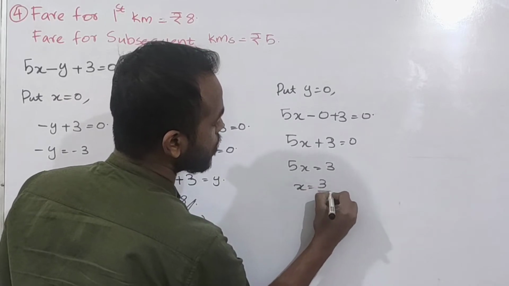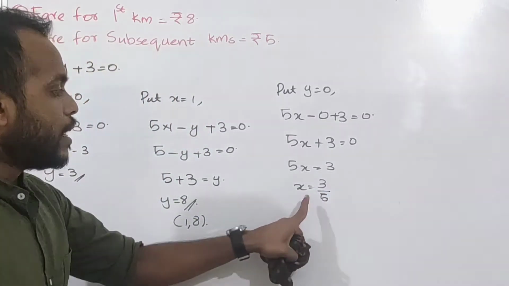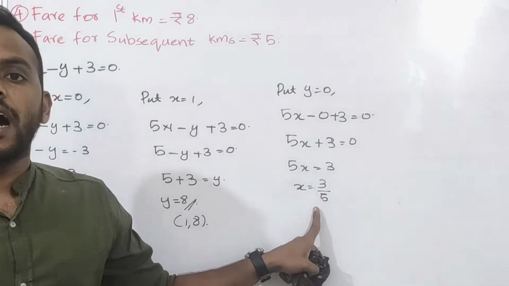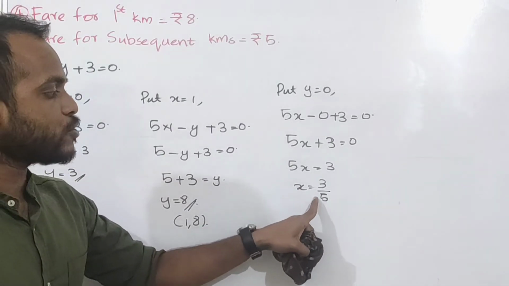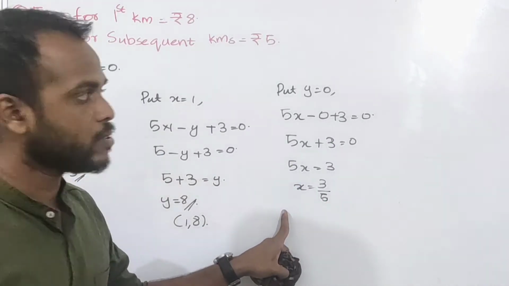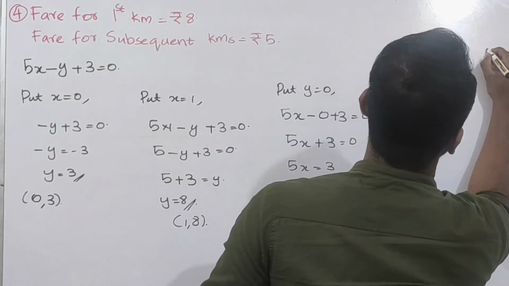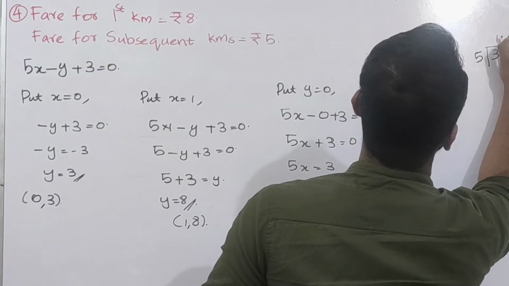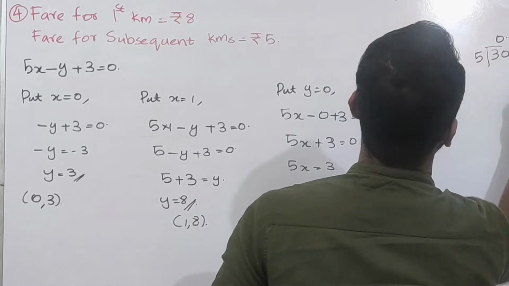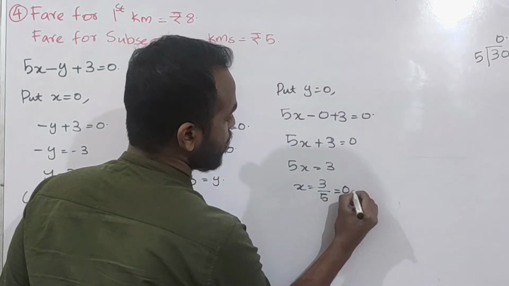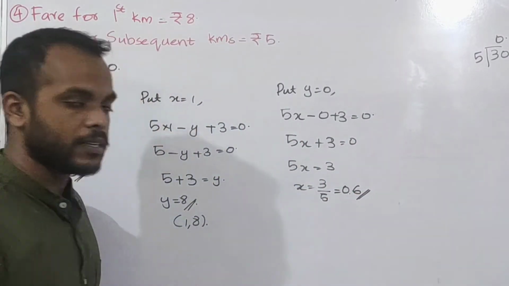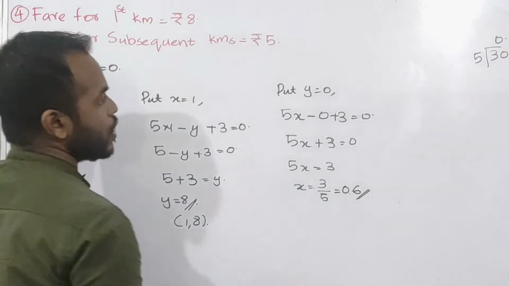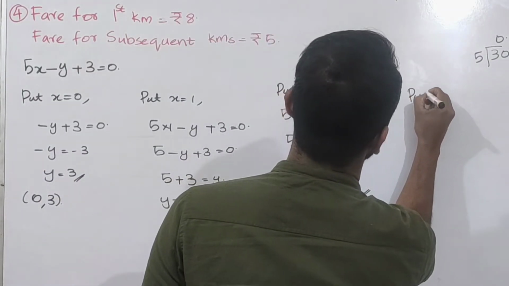X is equal to 3 by 5. Now fractions are advised to be converted into decimal values. So what will be 3 by 5? 3 by 5 can be easily found. 0.6. You can easily find 0.6 in the graph paper, right? So it will be not a big problem.